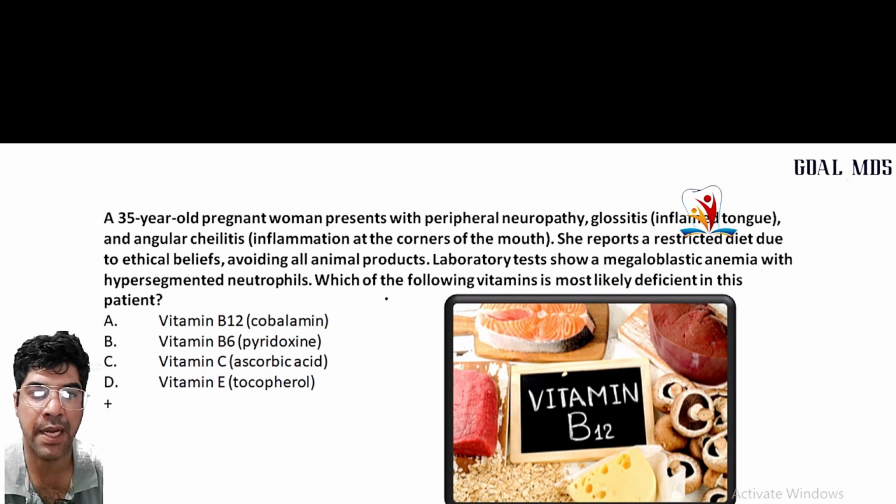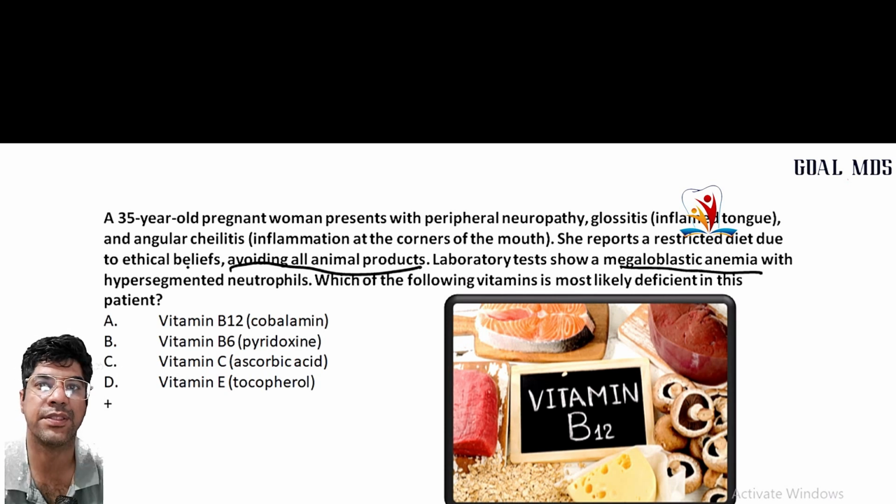The next question is: a 35-year-old pregnant woman presents with peripheral neuropathy, glossitis, that is the inflamed tongue, and angular cheilitis, that is inflammation present at the corner of the mouth. She reports a restricted diet due to an ethical belief, avoiding all animal products. Laboratory tests show megaloblastic anemia with hypersegmented neutrophils. So that is the key option.